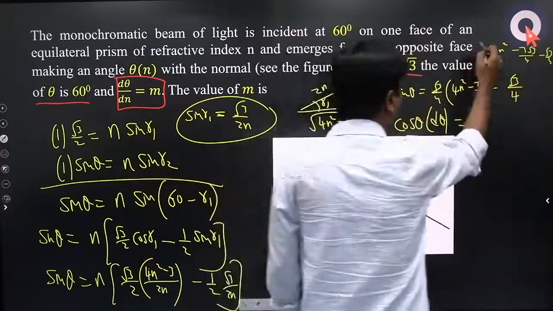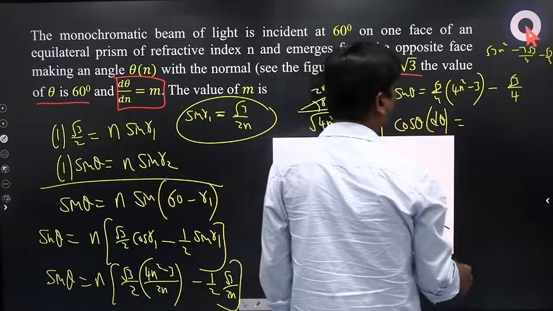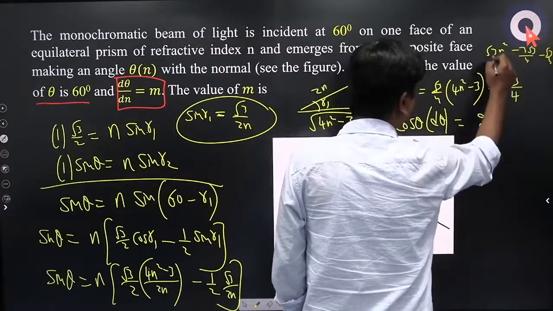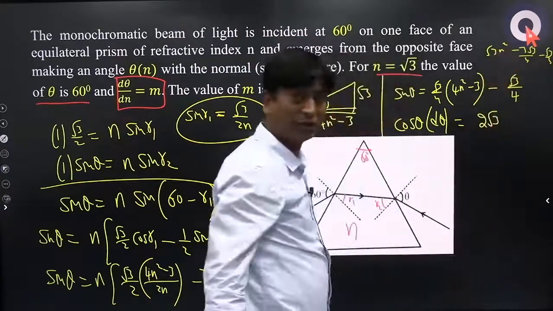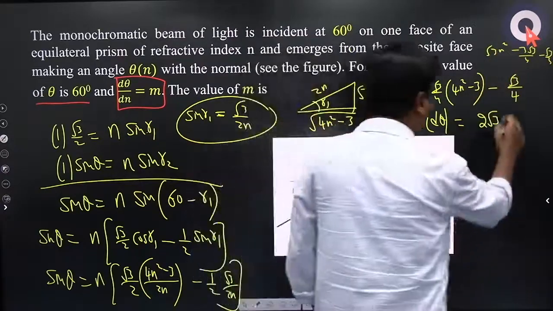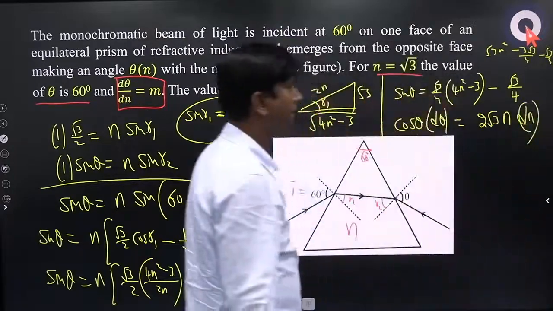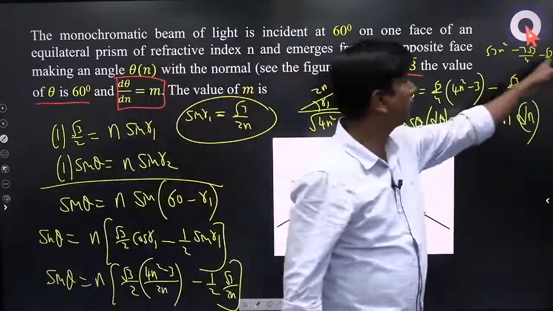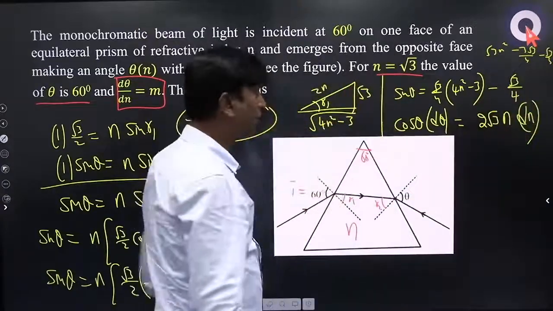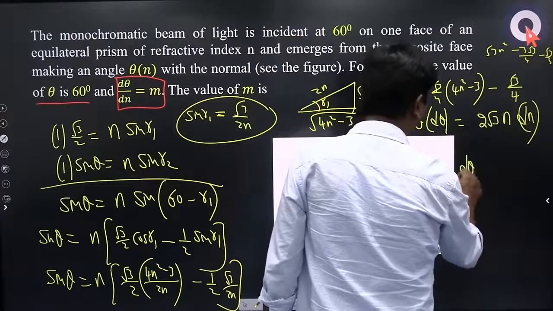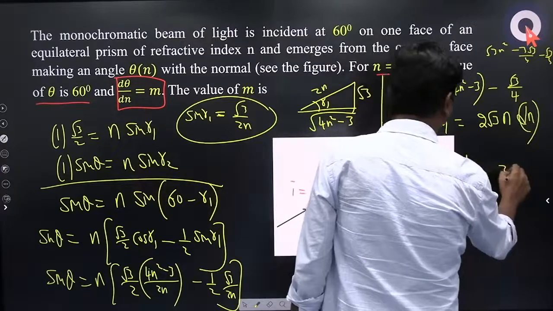So if you differentiate all this, you get root 3 into 2n into dn, and d of the constant is anyway 0.